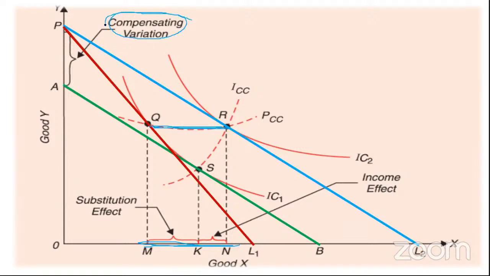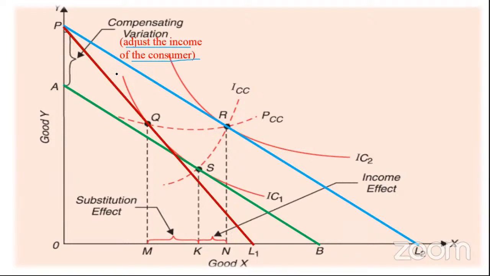The compensating variation method means we are reducing the real income to bring him back to the previous indifference curve. He has shifted to a higher satisfaction from equilibrium Q to equilibrium position R. To know the substitution effect and income effect, we are using the compensating variation method, which means adjusting the income of the consumer, that is, reducing the income of the consumer.